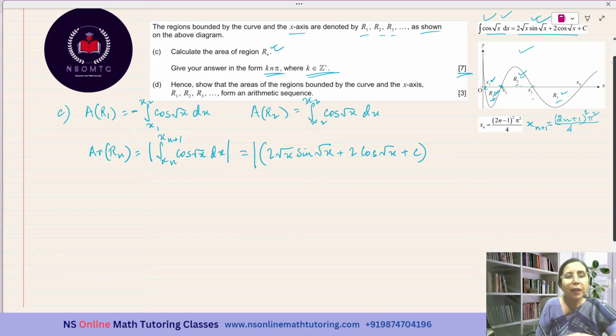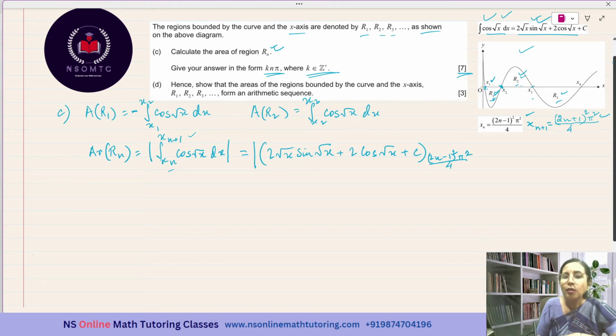And in place of x_n and x_(n+1), we have found the expressions: x_n was given and x_(n+1) was found. So in place of x_n, I will be writing (2n minus 1) whole square pi square over 4.